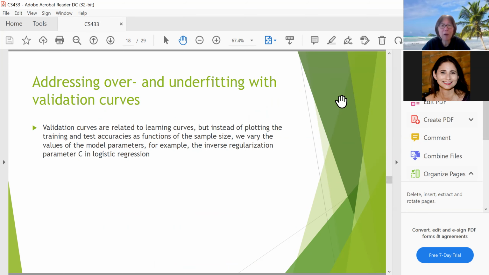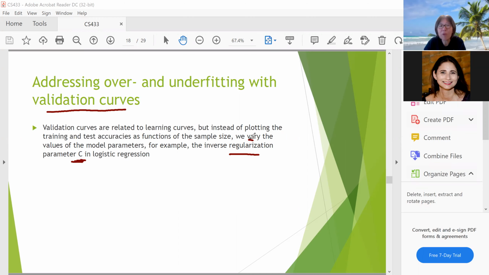Okay, and what is the validation curve? If you recall, we also needed to tune parameters like the regularization parameter and gamma. So the validation curve is regarding accuracy versus those hyperparameters.